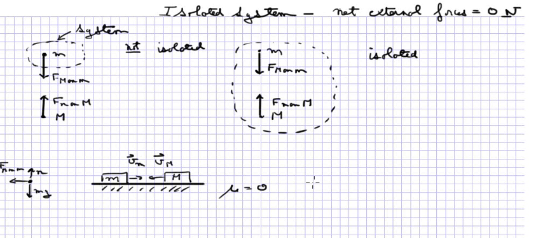Similarly, you could make a force diagram for big M. Presumably its weight is bigger, and the normal force acting from the ground on it is going to be proportionately bigger. Something like that.